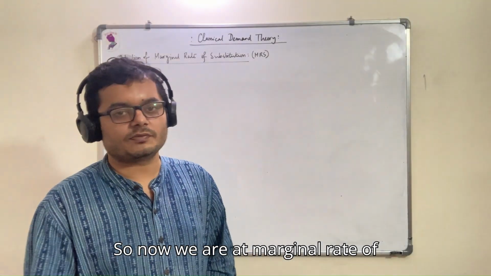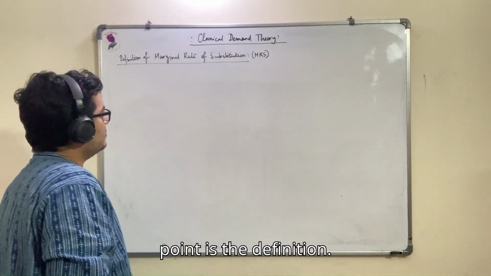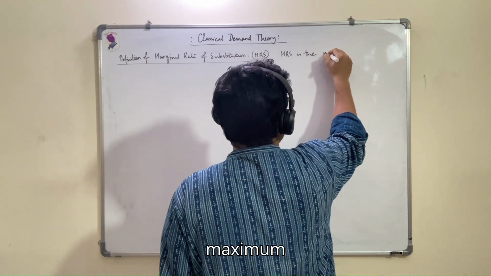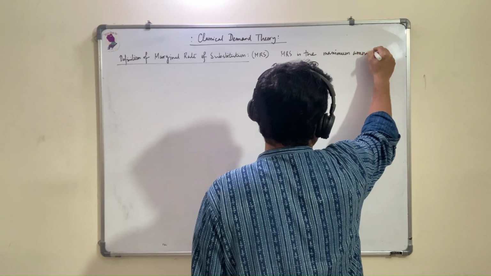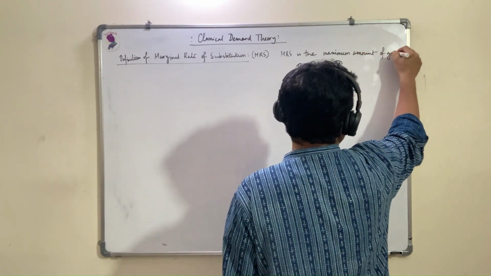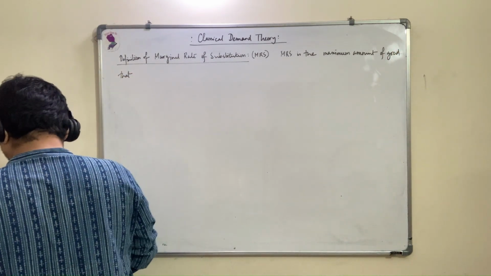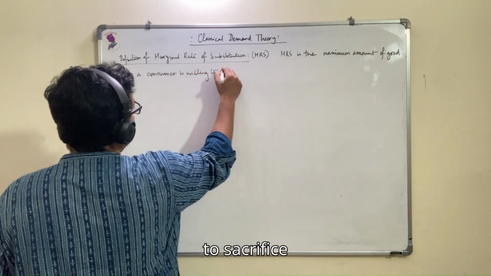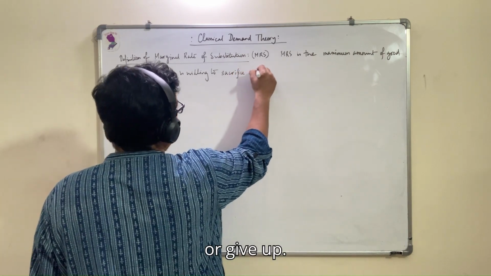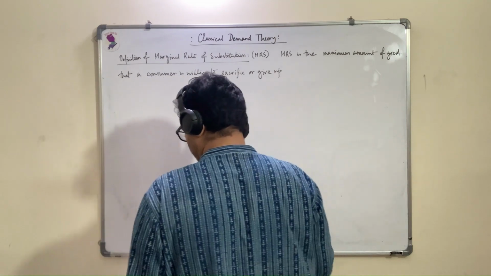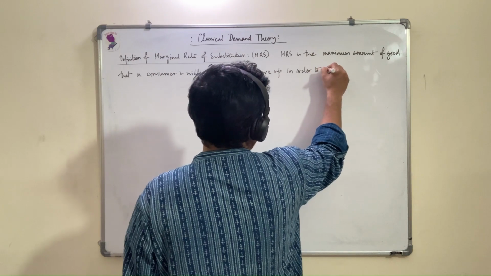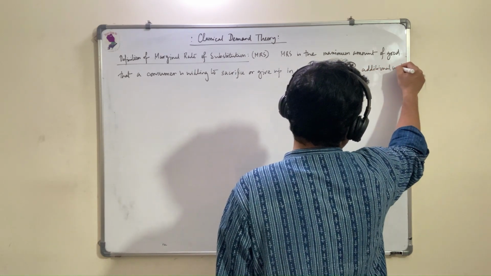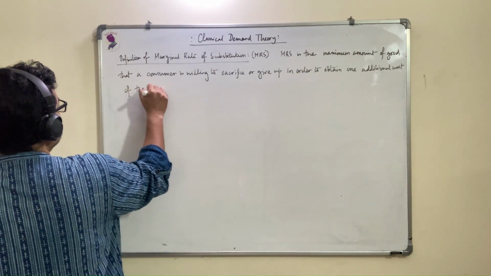Okay, so now we are at marginal rate of substitution. So first point is the definition. So MRS is the maximum amount of good that a consumer is willing to sacrifice or give up in order to obtain one additional unit of the other good.